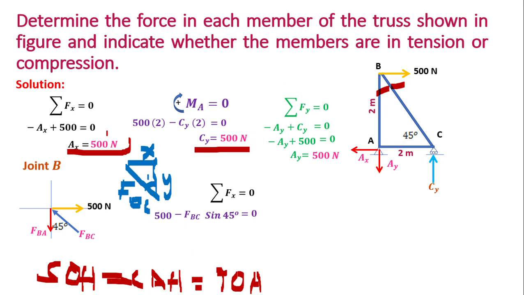This is 45 degrees. So, FBC is 707.1 Newtons. Next, summation of forces in Y is equal to 0. So, FBC cosine 45 degrees, positive because it is upward, minus FBA is equal to 0. So, FBA is 500.